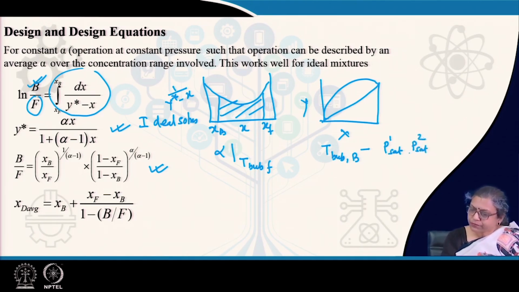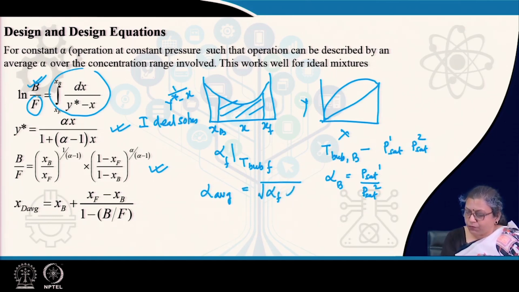From these two, you can find out the alpha, which is nothing but equal to P saturated 1 by P saturated 2, where 1 is the more volatile component, and then you can compare the alpha at the end of the operations, say the alpha of the bottom with the alpha of the feed. If you find that they are not very different, there is no problem. If you find that they are quite different, then definitely you have to redesign the whole thing by taking a geometric mean of alpha for the feed and for the bottom temperatures. So, therefore, in this particular way it proceeds.